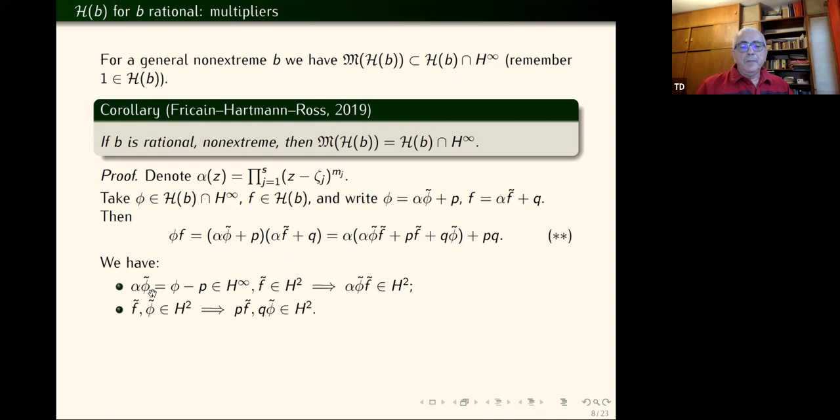But then it's easy to see that since alpha phi tilde is phi minus p, it is in H infinity because phi was in H infinity. Then f tilde is in H2, the product is in H2. So the first term here is in H2. Then the two next ones are immediately in H2 because they are functions in H2 multiplied with polynomials.